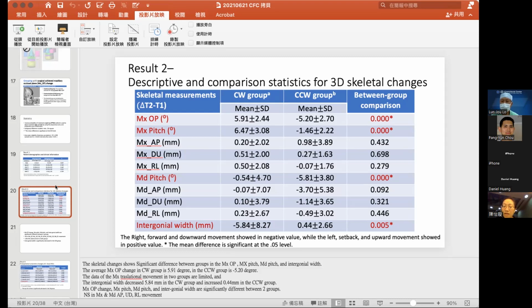We also presented these results, and from them we can show that although there are larger dental effect changes on the maxillary occlusal plane, the maxillary pitch changes are also significantly different in these two groups. So it means that pitch rotation, the pitch movement, is different in these two groups, yes. Yeah, overall, it's a very nice start for soft tissue analysis. Congratulations. Thanks.